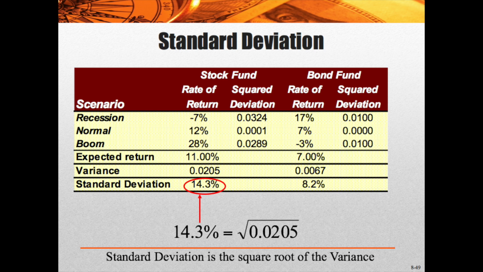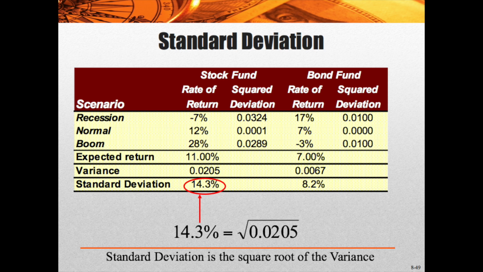Now, to get to the standard deviation, as you probably already know, you simply take the square root of the variance. You can see that in the next slide: the square root of 0.0205 gets you 0.143, which is 14.3% as your standard deviation.